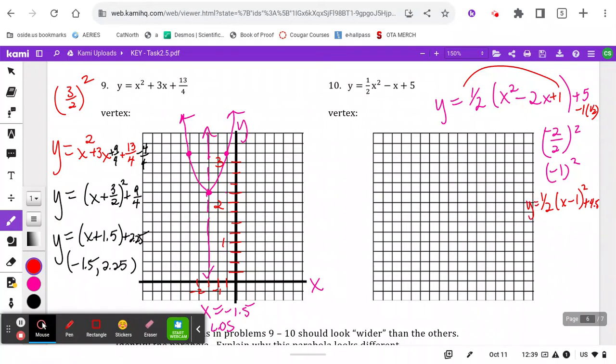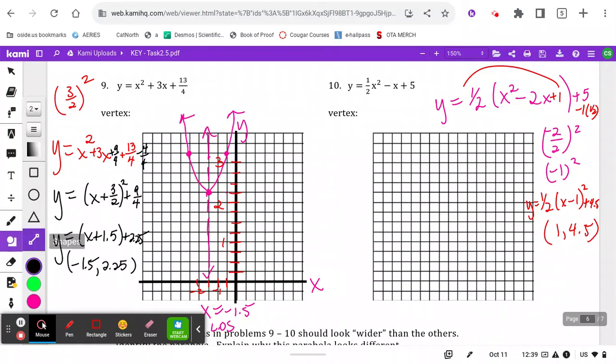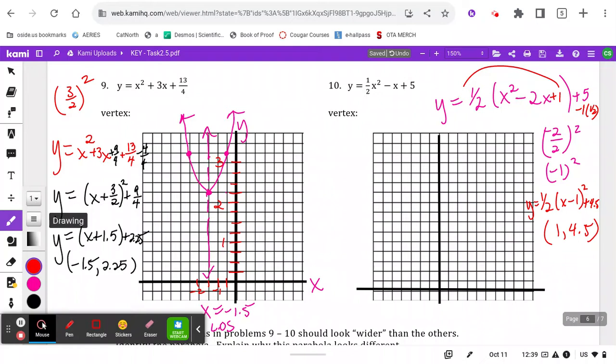All right, so my vertex is at 1, 4.5. And we go right 1, up 1, 2, 3, 4.5. And then I'm counting a stretch of a half.